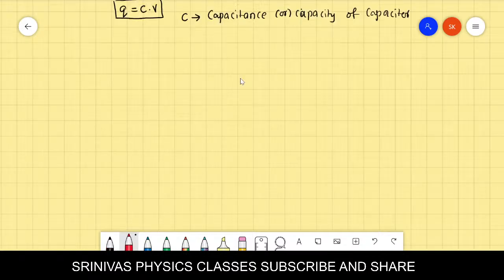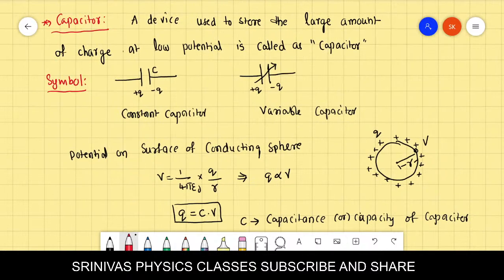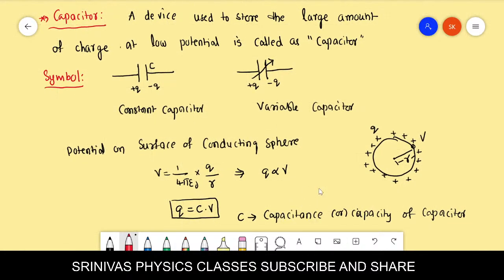Instead of using a battery, I am using a capacitor. The capacitor costs only 20-30 rupees, but the battery costs nearly 700-800 rupees. The capacitor can be used to store the charge, and that charge can be used.